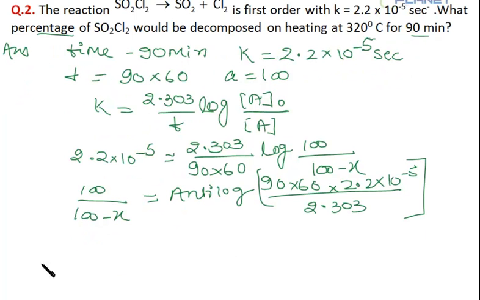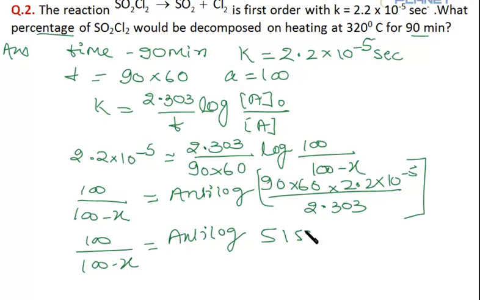So just solve it, 100 by 100 minus x anti-log. After solving it, you'll be getting 5158 into 10 to the power minus 5. So just take out the anti-log of it.